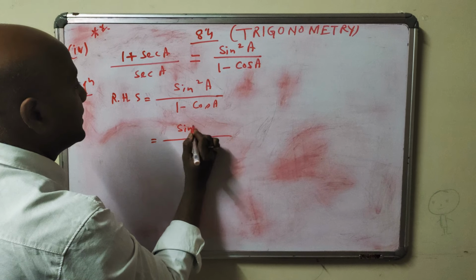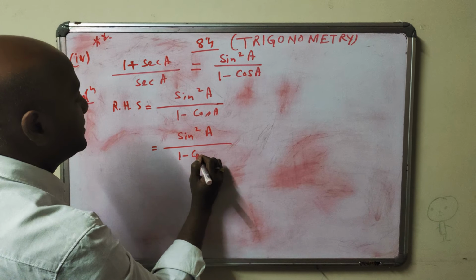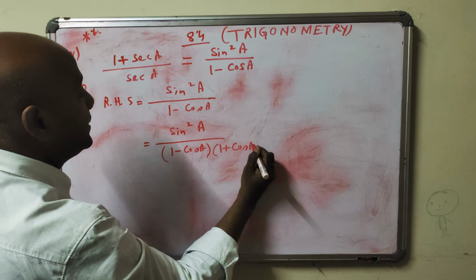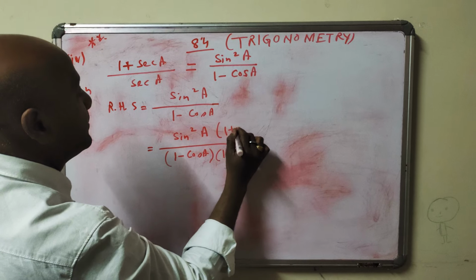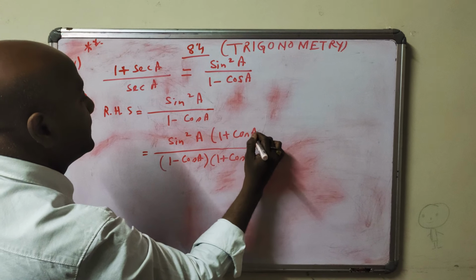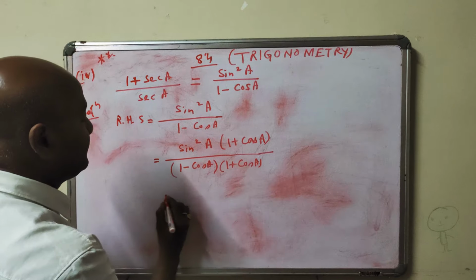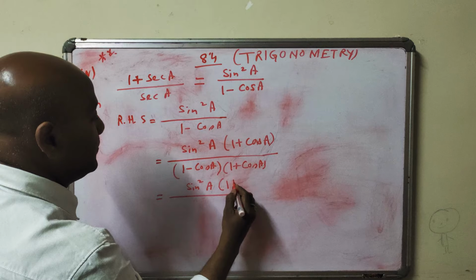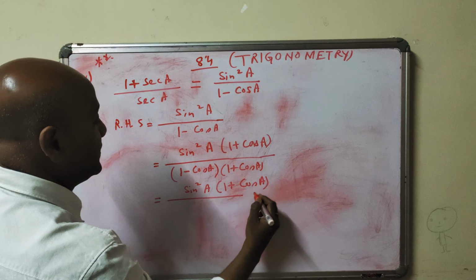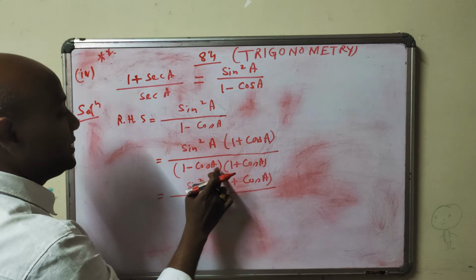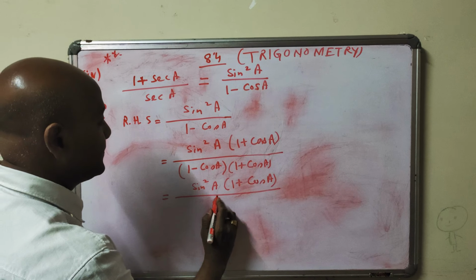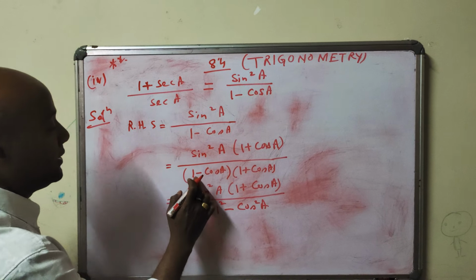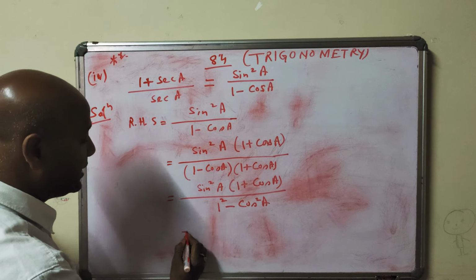See, sin square A by 1 minus cos A is here. You multiply by 1 plus cos A. Here also you multiply by 1 plus cos A. See, sin square A into 1 plus cos A. Here you see 1 minus cos A into 1 plus cos A equals 1 square minus cos square A. A minus B into A plus B equals A square minus B square, we have already learned.